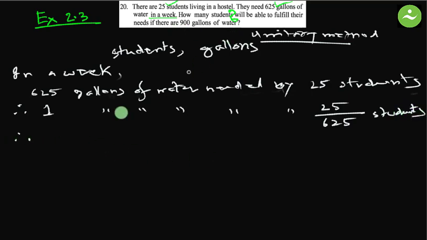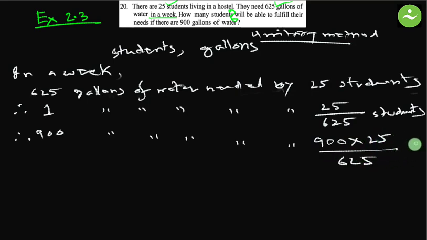Therefore, 900 gallons of water needed by, if gallons of water increase in the same period, that will fulfill more number of students. That means number of students will increase. So we multiply 900 multiply 25 by 625 students.